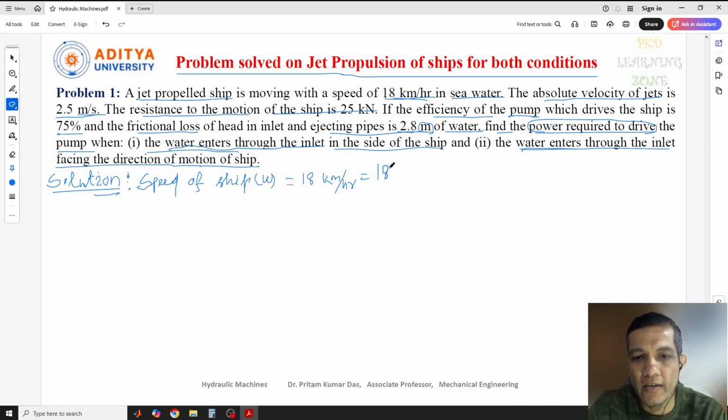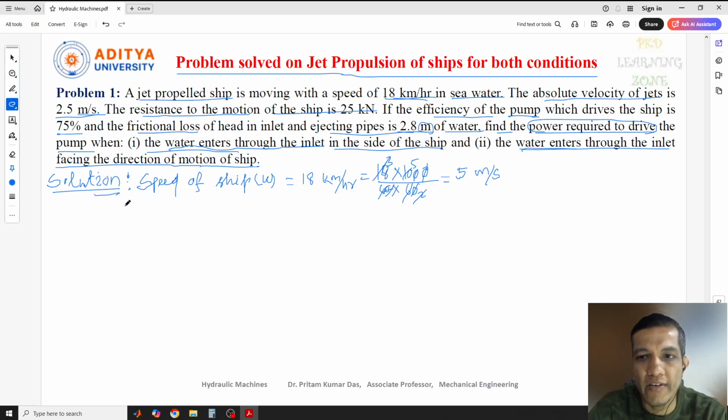So 18 kilometer: 1 kilometer equals 1000 meter, so 18 into 1000, and 1 hour is 60 minutes and 1 minute is 60 seconds. Cancelling, finally we get 5 meter per second. This is the velocity or speed of the ship.